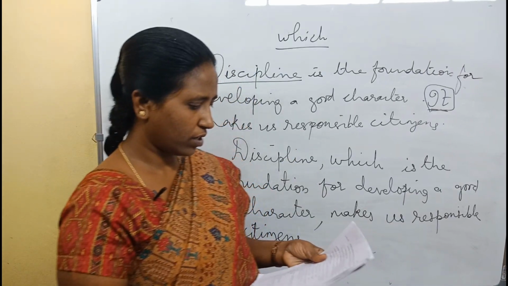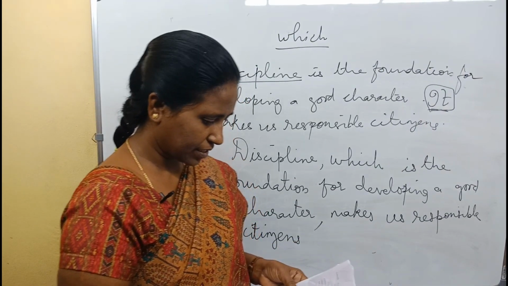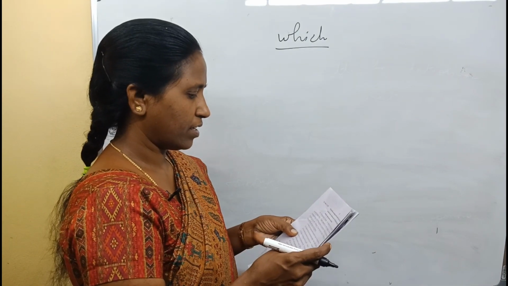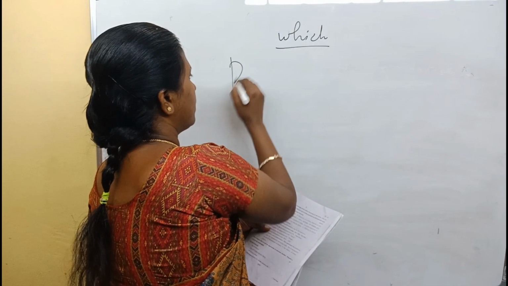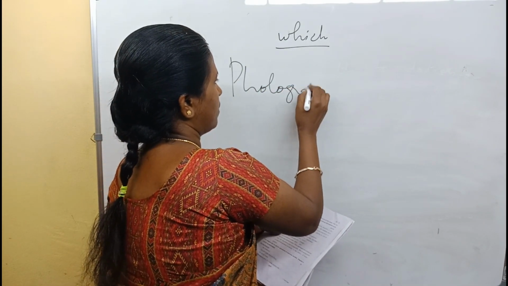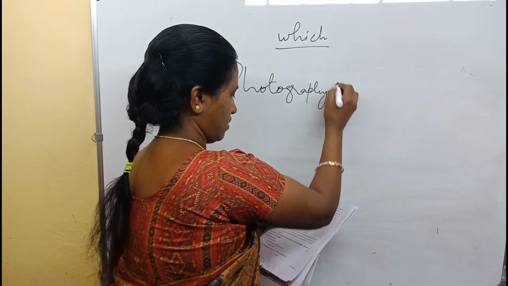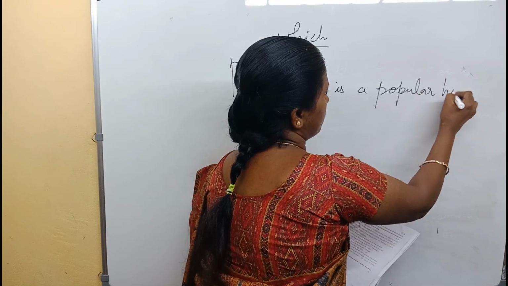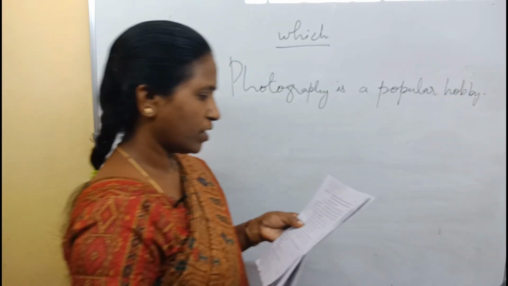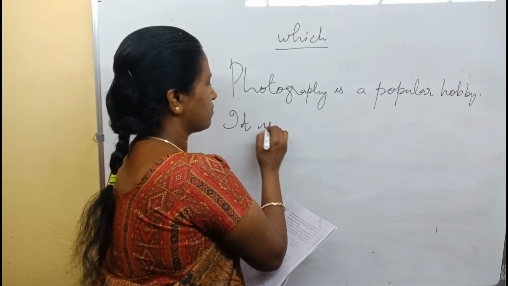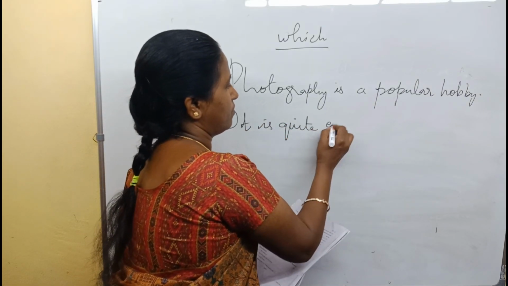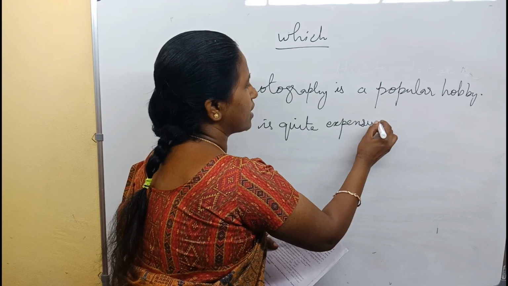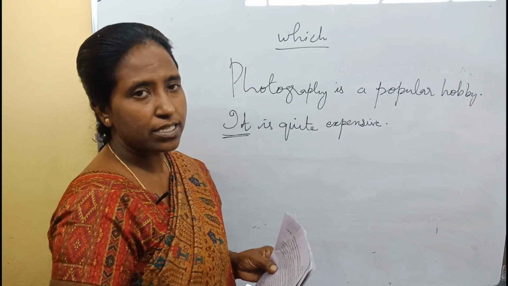Okay, now we'll see any other sentences there. Yeah, we have one more sentence. Fourth one, photography is a popular hobby. It is quite expensive. Okay, now there are two sentences. Now you should see in the second sentence it. What does this it denote?